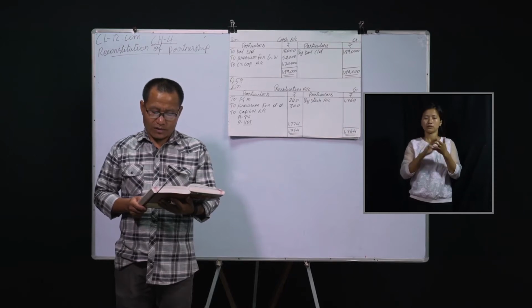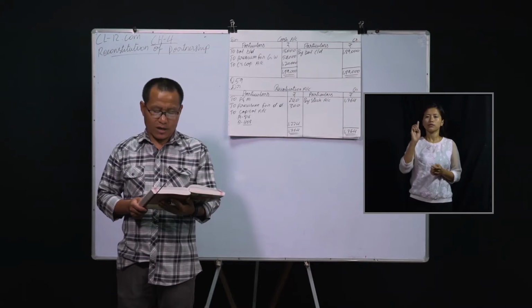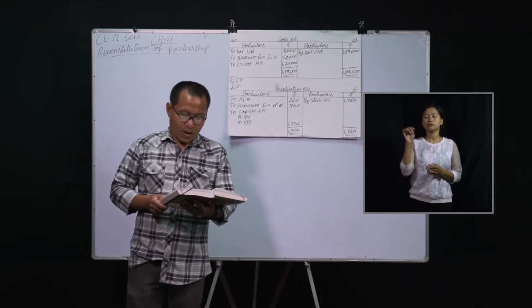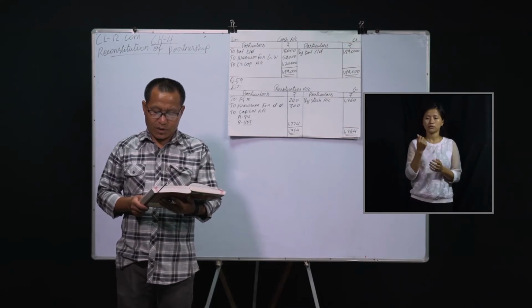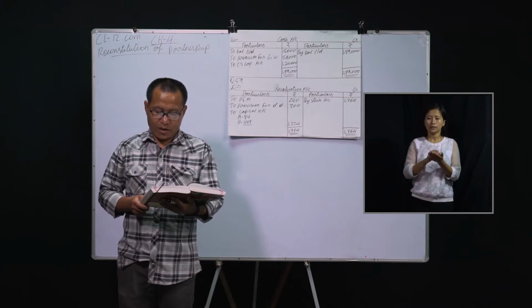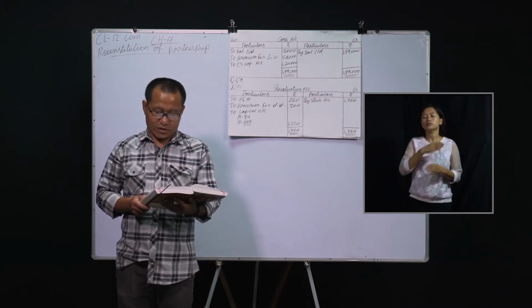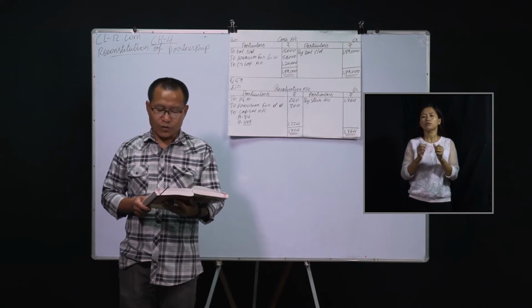Stock is to be taken at a valuation of rupees 14,964. By bringing in or withdrawing cash, the capitals of A and B are to be made proportionate to that of C on their profit sharing basis. Prepare the necessary ledger accounts and the opening balance sheet of the new firm.